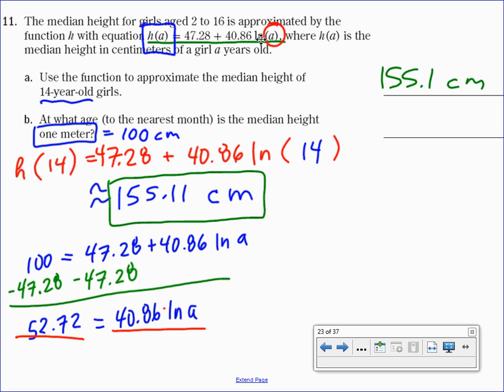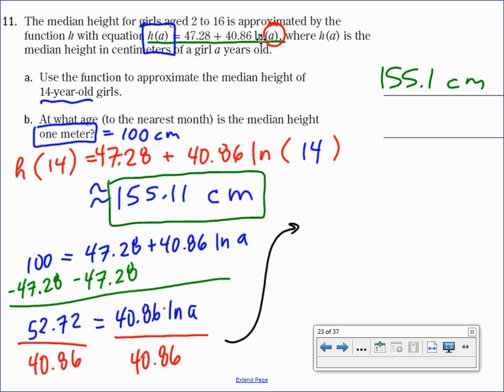Well, we'll divide both sides by 40.86, which means that the natural log of A is equal to, what do you guys get for that?